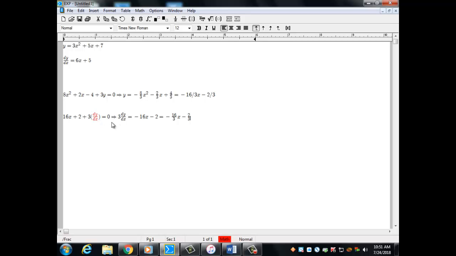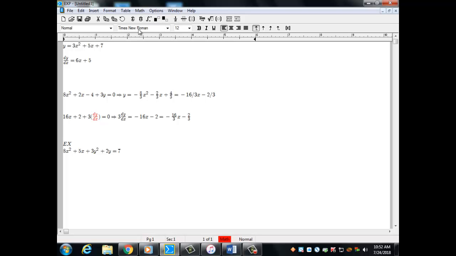And it's what allows us to, and I'll do another example with you, do problems like this: 8x squared plus 5x plus 3y squared plus 2y equals 7, for example. And we're going to find dy/dx.